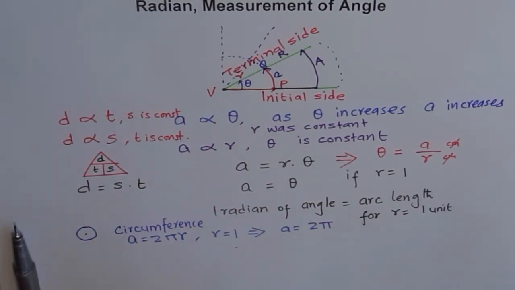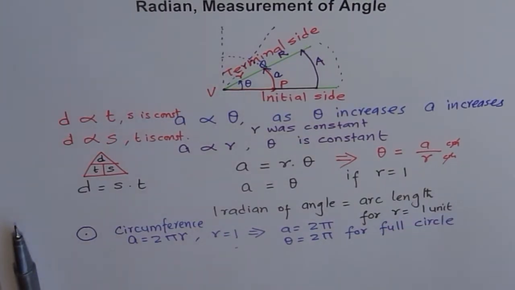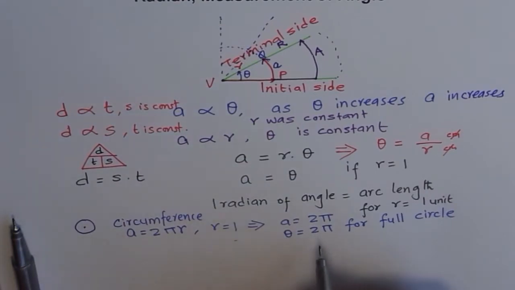So for a full circle, what is theta? Theta equals 2 pi for a full circle. In degrees, what is theta for a full circle? 360 degrees, right? Do you understand?